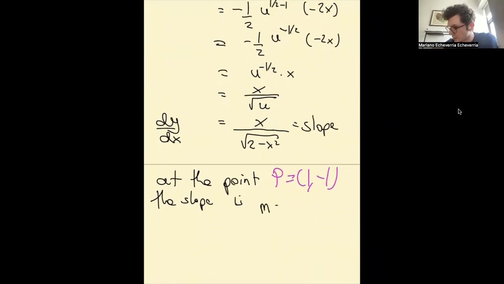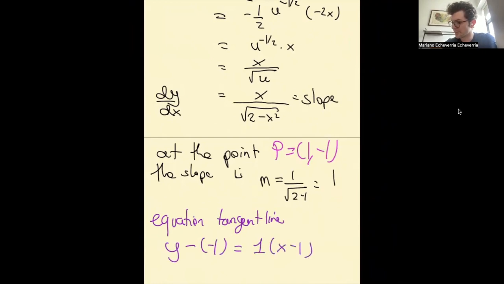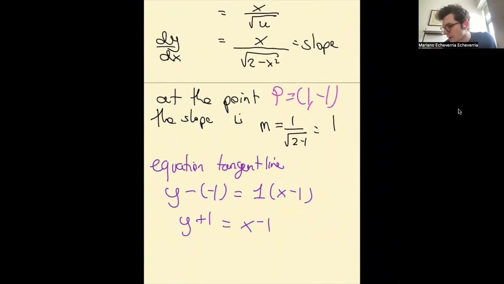So the slope is 1 over 2 minus 1, which is just 1. And the equation for the line would be y minus -1 equals the slope times x minus 1. So this becomes y plus 1 equals x minus 1, or if you prefer, y equals x minus 2.